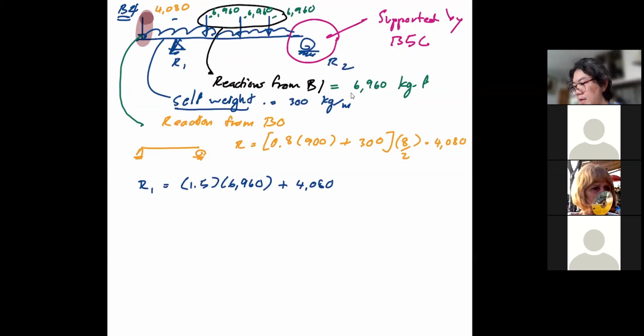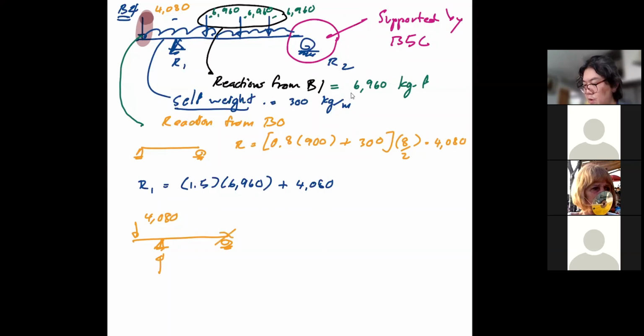So if you look at the beam, let's say this one, I break the load into 3 conditions. But when I look at the 4080 alone, this reaction R1 would have to be greater than the load itself, right? Because you would take the moment here.